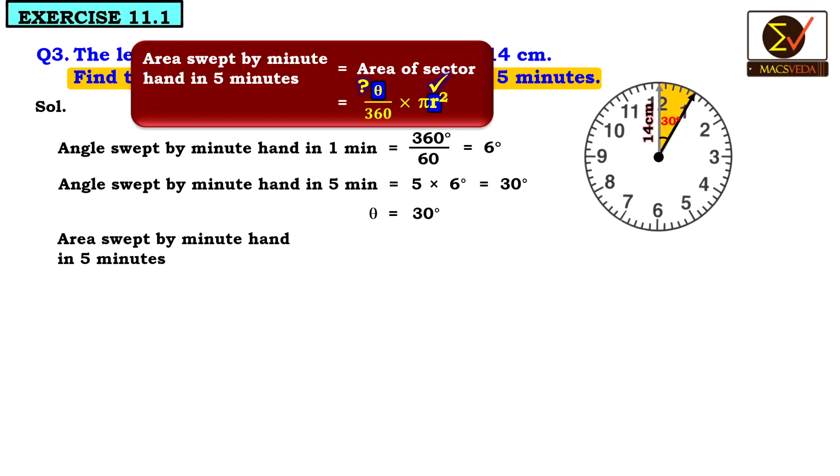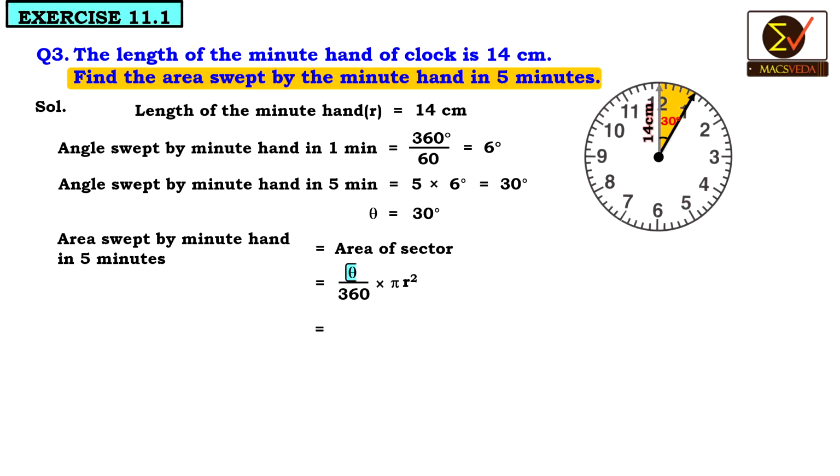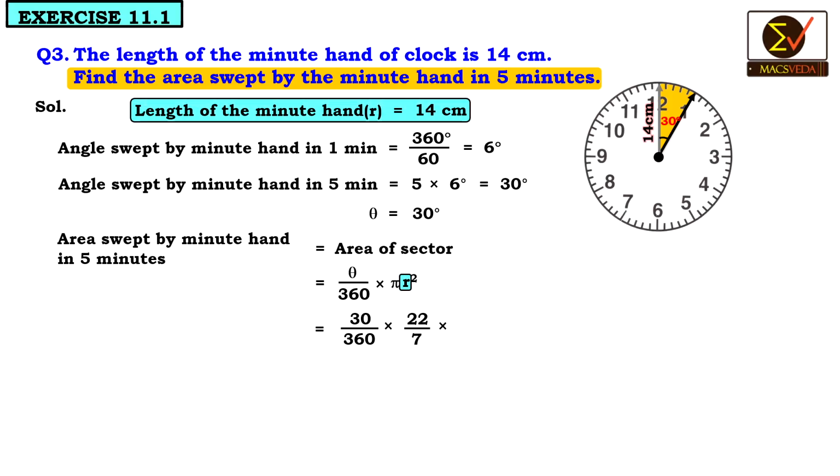So now you know theta. The area of the sector is given by theta by 360 into pi r square. So where theta is 30 divided by 360 into pi, that is 22 by 7, r is 14 into 14. So r is 14, so r square means 14 into 14.